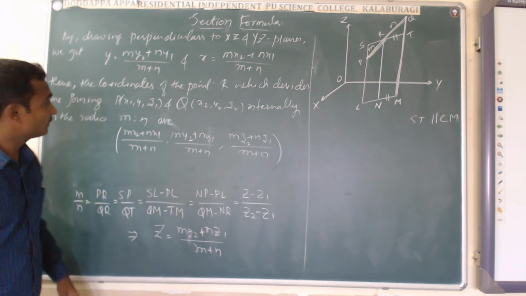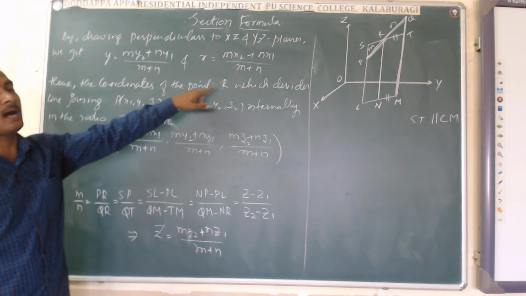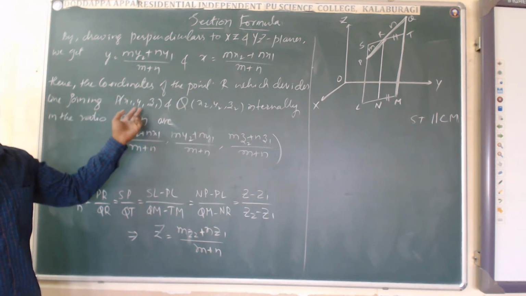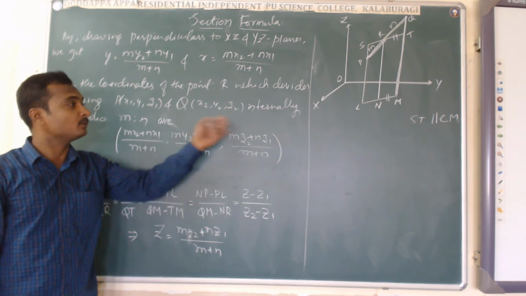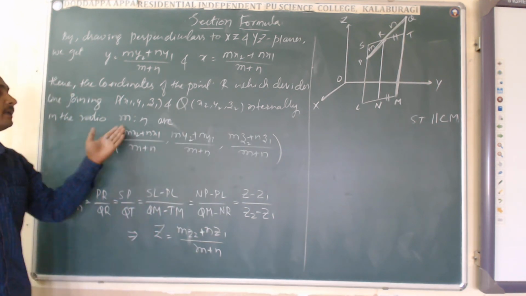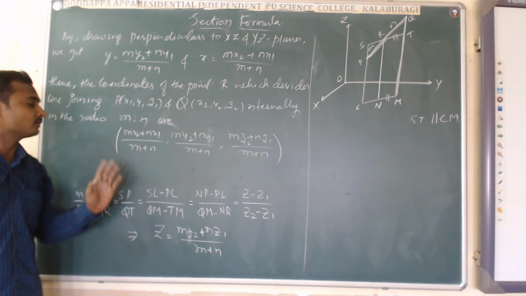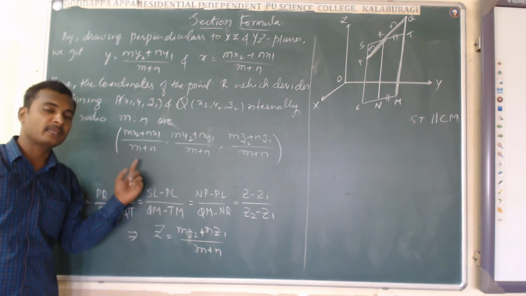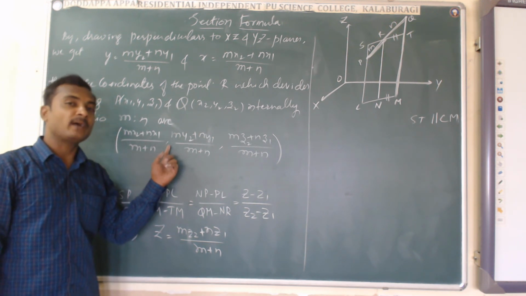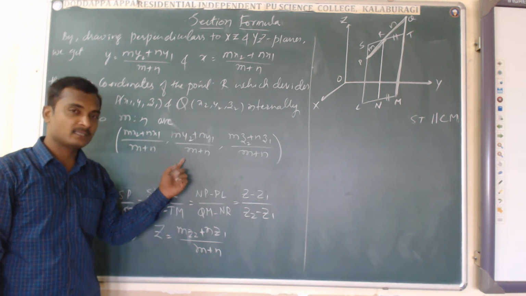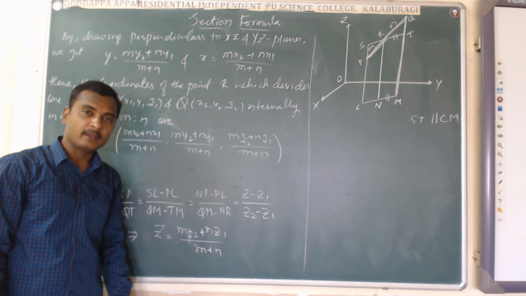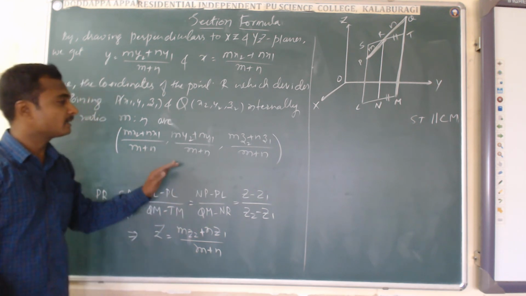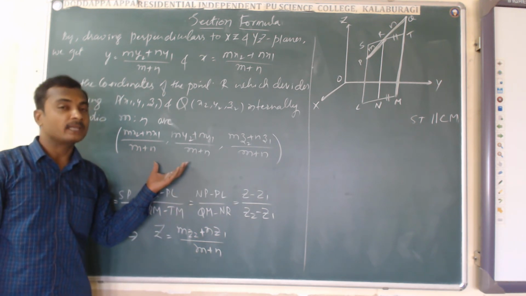It means the coordinates of the point R, which divides the joining of the points P(x1, y1, z1) and Q(x2, y2, z2) internally in the ratio M is to N, are (Mx2 plus Nx1) by (M plus N), (My2 plus Ny1) by (M plus N), (Mz2 plus Nz1) by (M plus N).